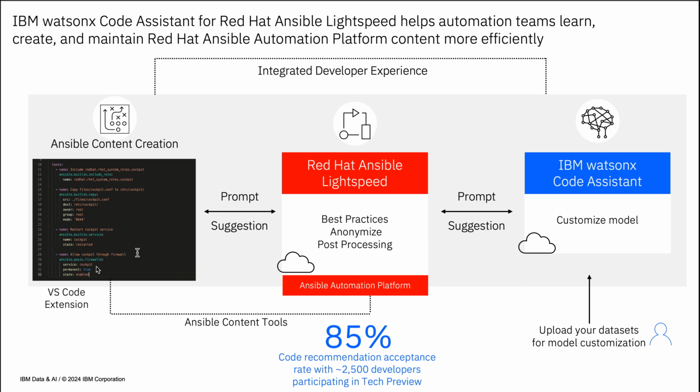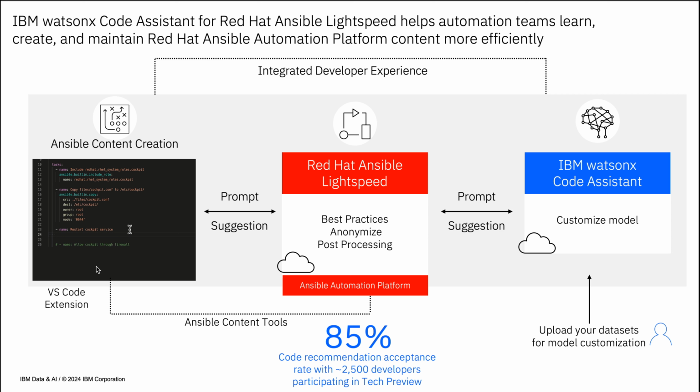You just write in English text, and through this integration with Ansible Lightspeed, the assistant will generate a recommendation, a piece of code for your YAML document. It will write a piece of Ansible code that will satisfy what you're trying to do.